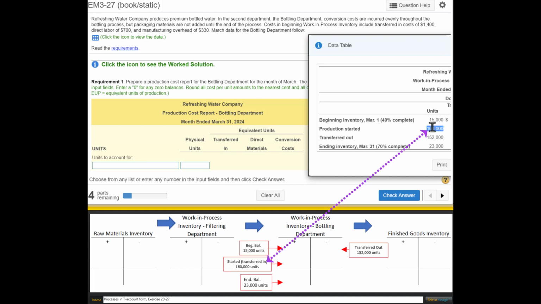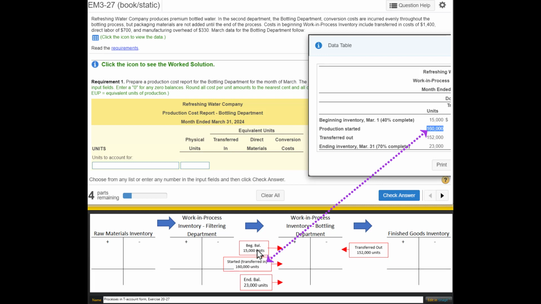Then we started production of 160,000 units. Remember, since this department is the second department, it doesn't actually start anything new. What it does is it takes units from the filtering department. So these 160,000 units, even though it says started, really it means transferred in. You can call them started or transferred in. So we had 160,000 transferred in.